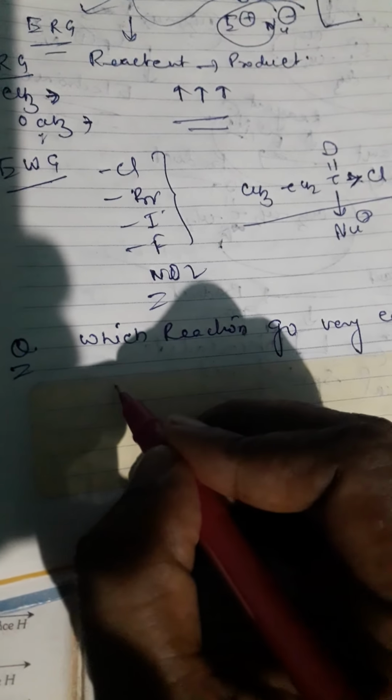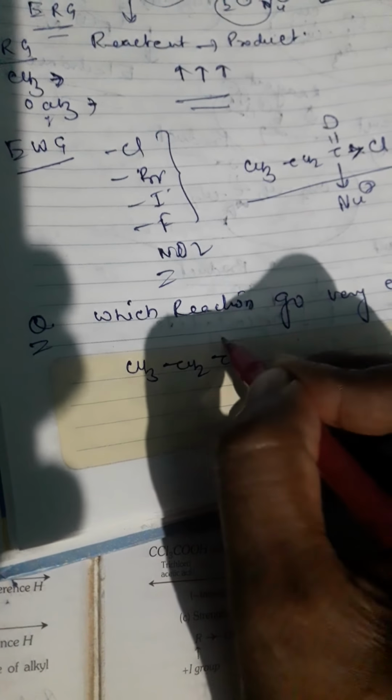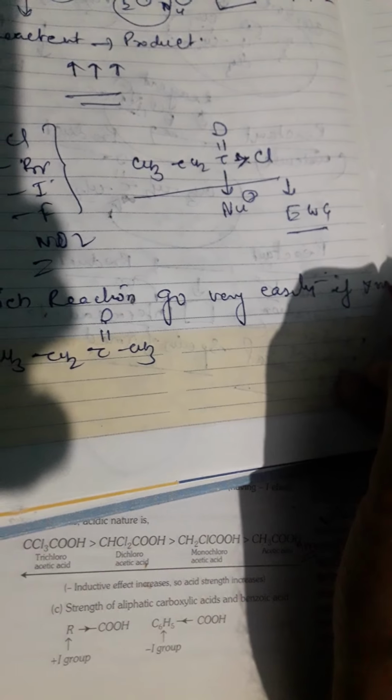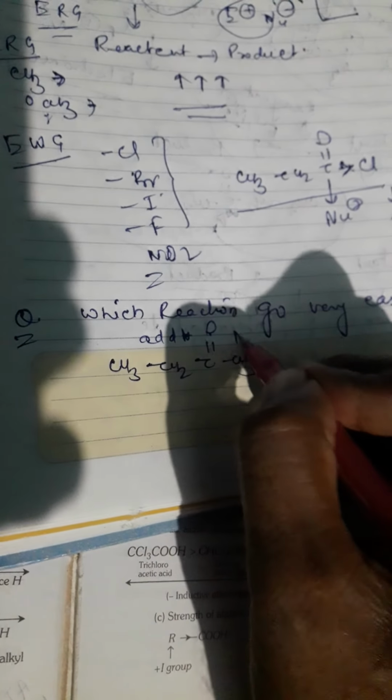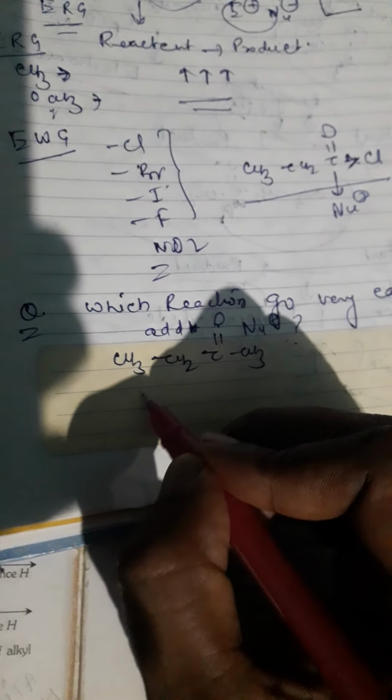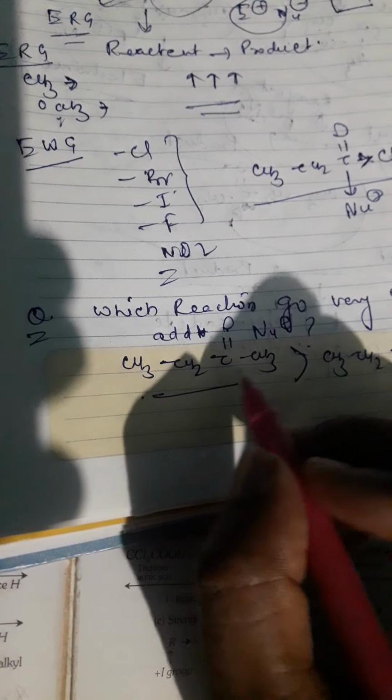Suppose that if they mention here CH3, CH2, COCH3, very easily if you add nucleophile. What nucleophile? Okay, suppose that this one is given, then this one is given. So what is the correct answer? This molecule will convert into product very easily.